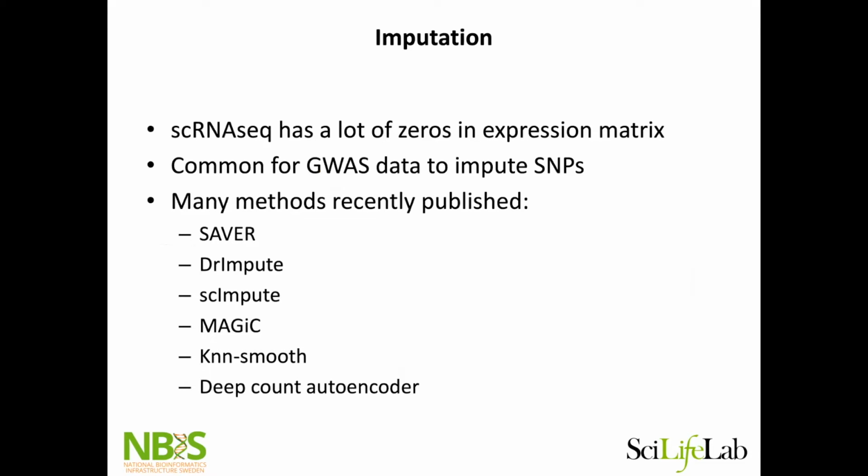And then there are a lot of tools that have been published for imputing values to all these zeros. So we have a lot of these stochastic zeros. And I think the idea to then estimate the expression per cell for these stochastic zeros is kind of tempting.